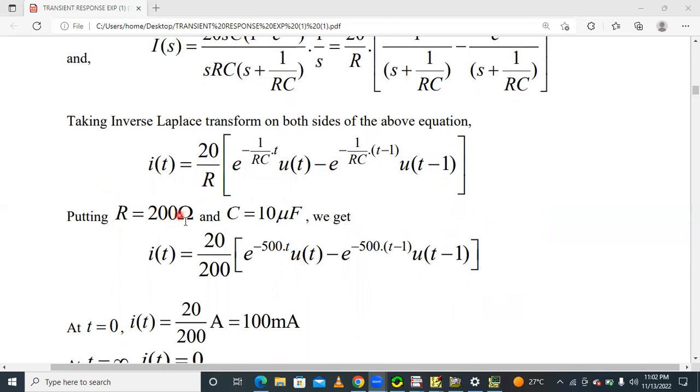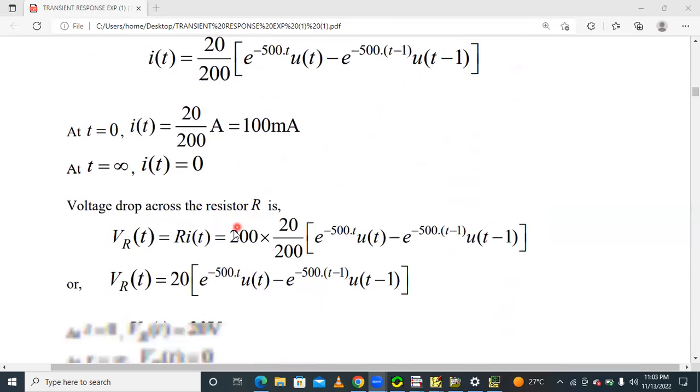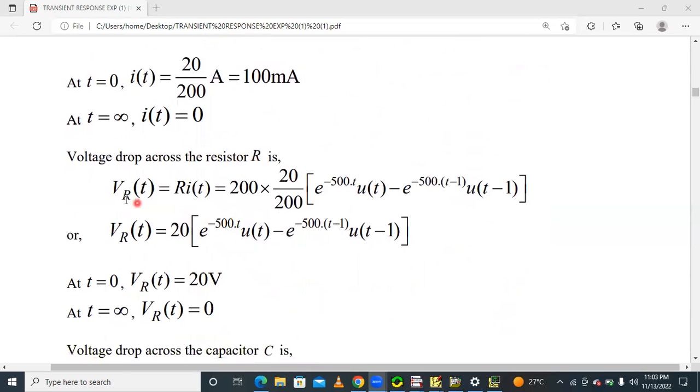So by substituting R is equal to 200 ohms and C is equal to 10 microfarads, we will get this: at t is equal to 0, I of t is equal to 20 by 200, that is 100 milliamps. And under steady state condition, t is equal to infinity, then I of t is equal to 0. Okay, then the voltage drop across the resistor is VR of t is equal to R into I of t.